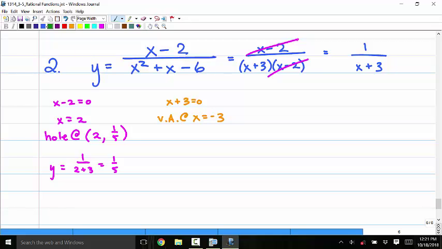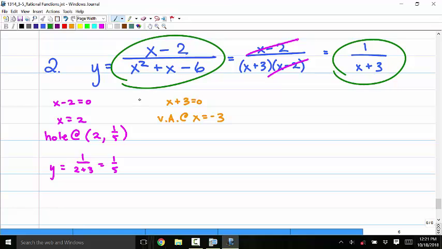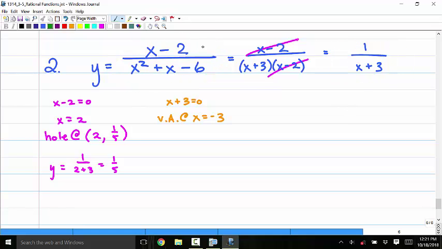Looking at the degrees, if I choose to look here or here, the degree is 1, the degree is 2. Regardless of the one I use, the degree of the numerator is less than the degree of the denominator, so there is a horizontal asymptote where? Y equals 0. Intercepts.